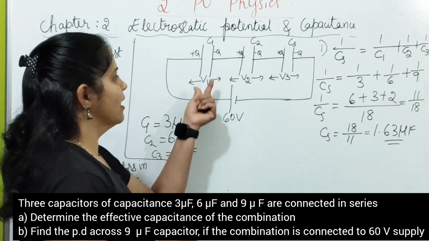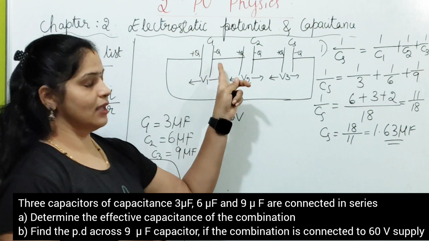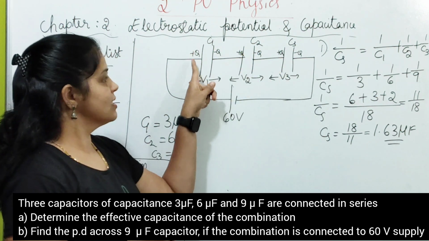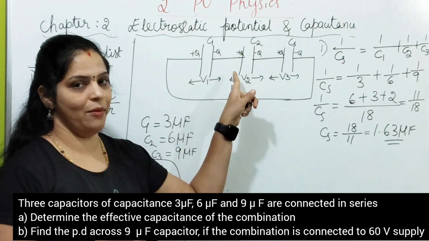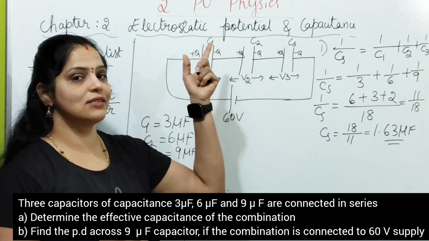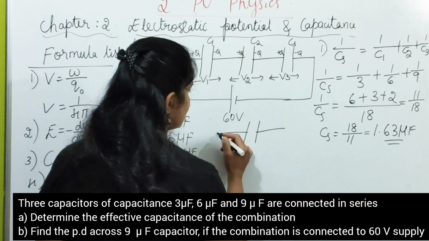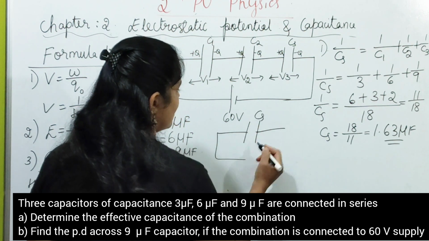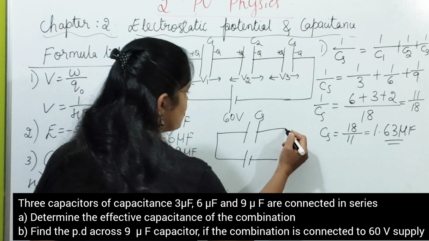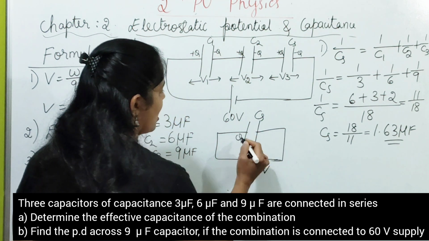For that, see here, when the capacitors are connected in series, which is common here? Charge is common. And if the combination is replaced by a single capacitor whose capacitance is nothing but Cs, and if you connect this to a battery of voltage 60 volt, then what is the charge?